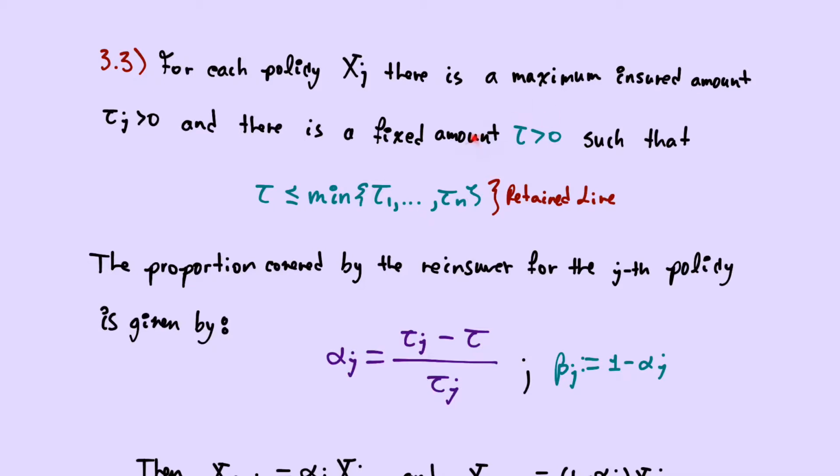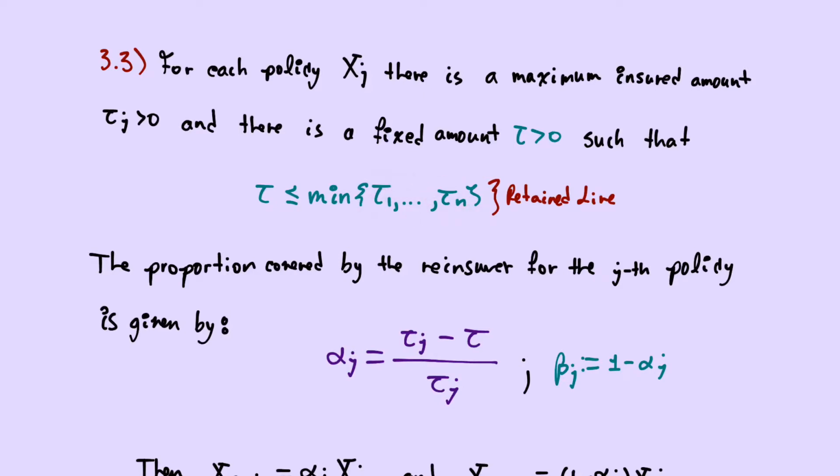This positive value tau has to be less or equal than all the other tau_j values. So we can write that tau is less or equal than the minimum of each one of the tau_j's. If it's less or equal than the minimum, it's less or equal than every one of the tau_j's.